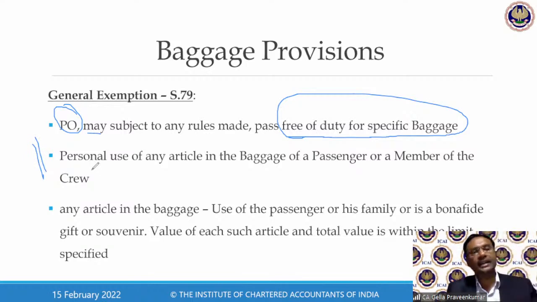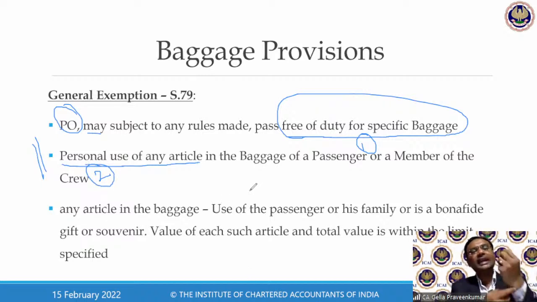Look at this point carefully, ma'am. Personal use of any article in the baggage of a passenger or a member of the crew. Now, example. Sir, I have a wristwatch. Say this wristwatch is of the Raga Tata series, or I could have some other branded imported wristwatch.